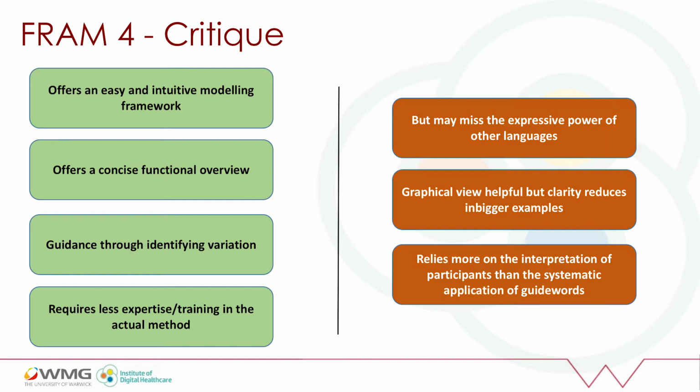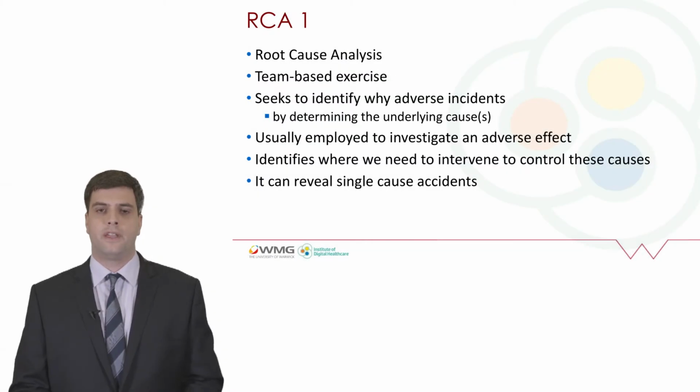The graphical view is helpful, but clarity is reduced in bigger examples when the graphical view will become more complicated. And finally, it relies more on the interpretation of participants than the systematic application of guide words in identifying potential failure conditions.